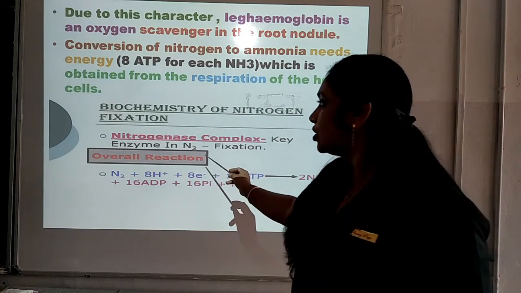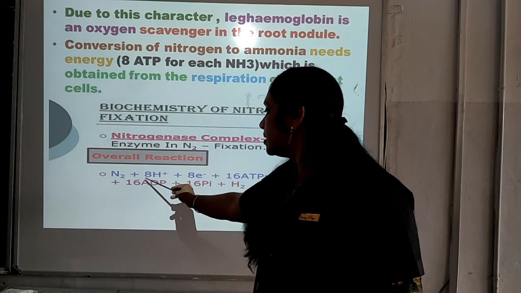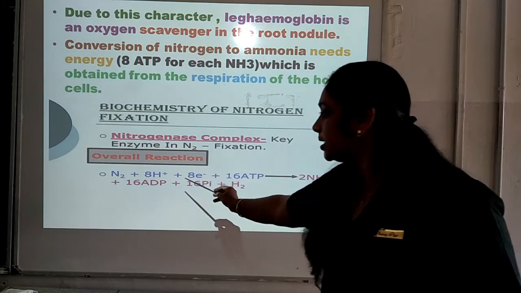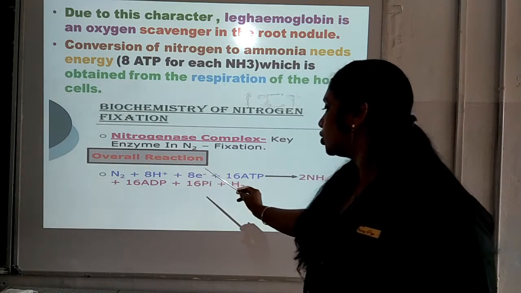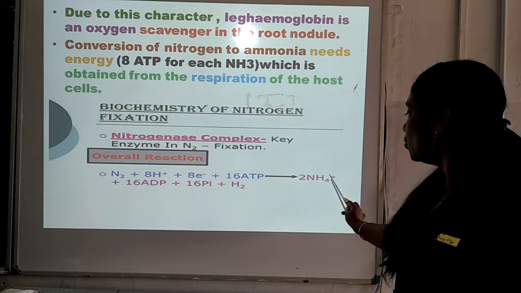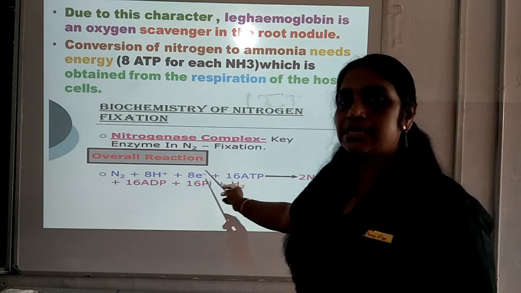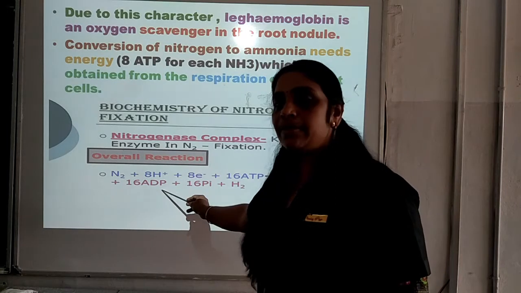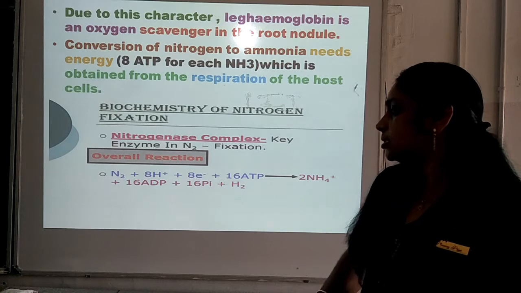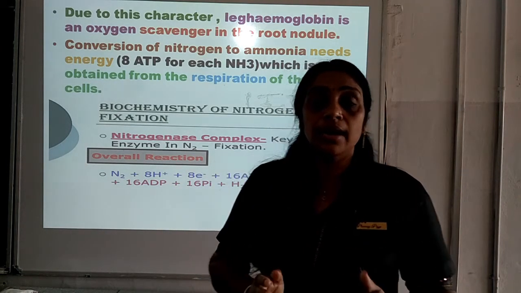The overall reaction is, you can see here, nitrogen plus 8 hydrogen ions, that is 8 protons, and 8 electrons, plus 16 ATP needed for the production of 2 ammonium ions, where the conversion of this ATP leads to 16 ADP plus 16 inorganic phosphate. So this is the overall reaction which is taking place in symbiotic nitrogen fixation.